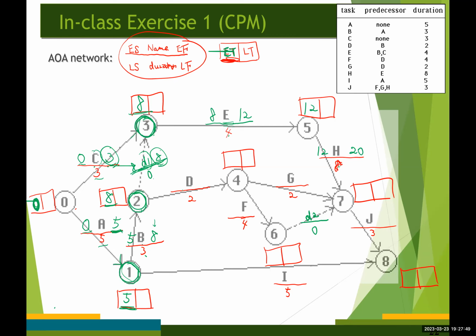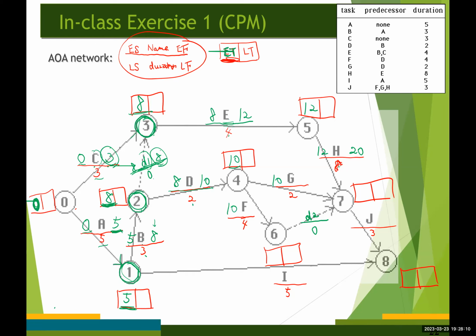And now we can also do this. The earliest start time for activity D is going to be 8, copy it from here, 8. 8 plus 2 is 10. So we have 10 up here.